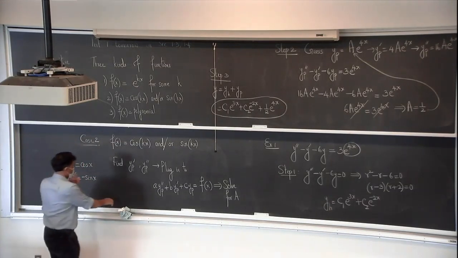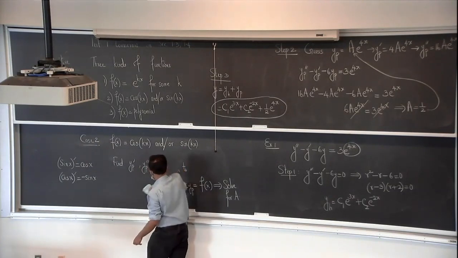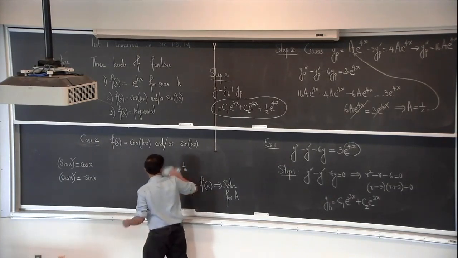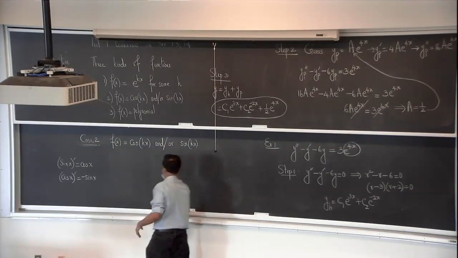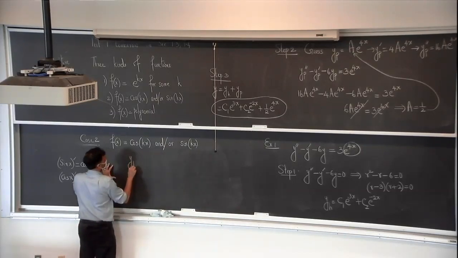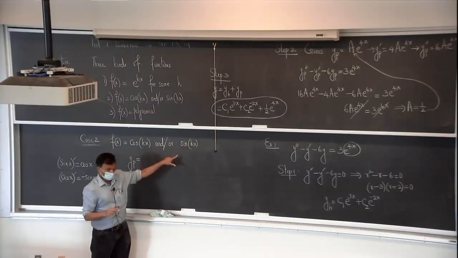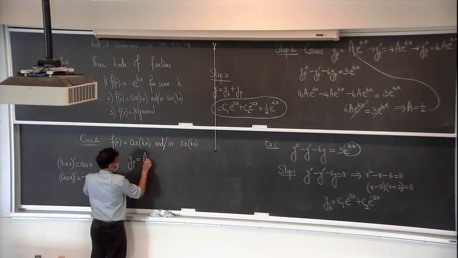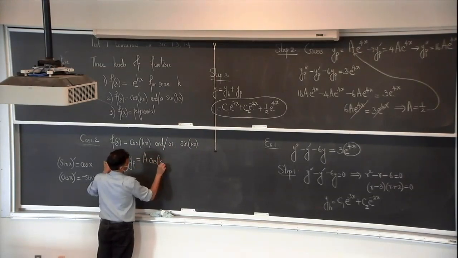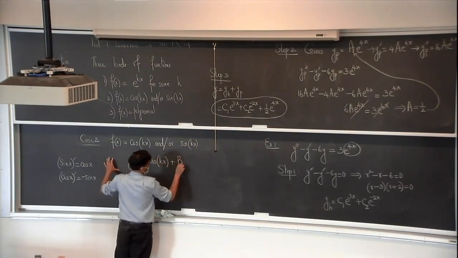So for this reason, you have to be careful about what yp here is. Irrespective of whether it's this or both, your yp is always going to be a times cosine kx plus b times sine kx.